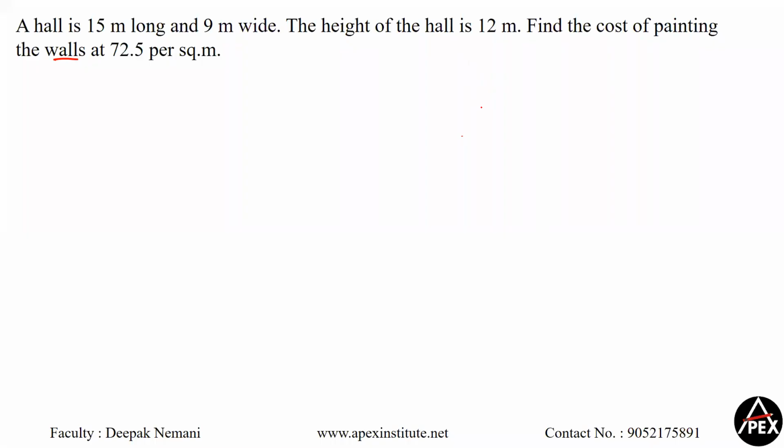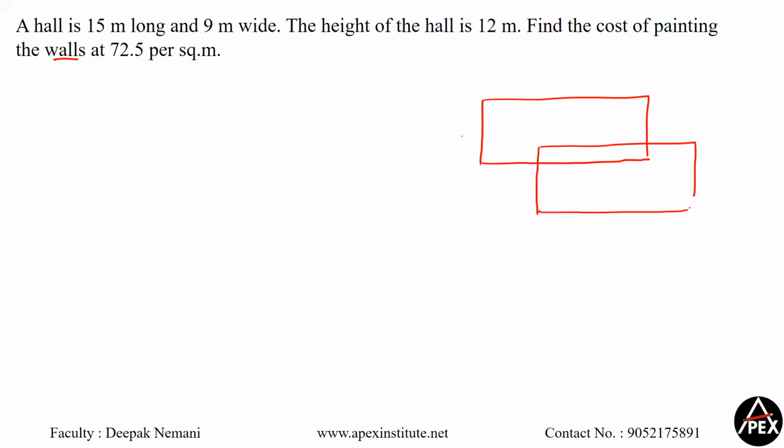So you have a rectangular room here. For example, this is a rectangular room. We are given these dimensions. So height is 12, breadth is 9, and the hall is 15 meters long.